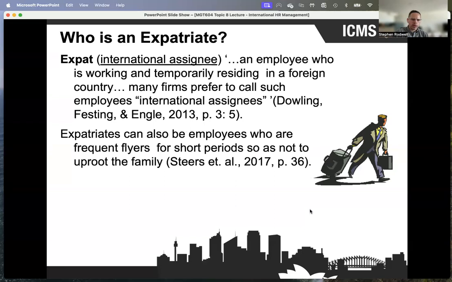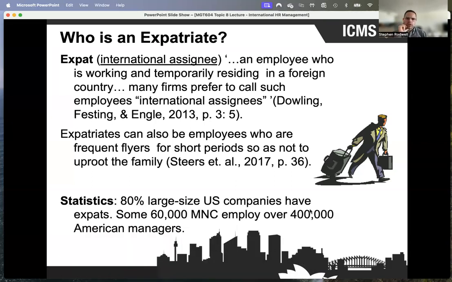I can send them there on a Monday morning, I can bring them back on a Friday night, and then at least they get to spend time with their family. With the location of Australia, obviously kind of out in the middle of nowhere, except for New Zealand, it makes it quite a lot harder. But if you think about companies in Europe, for example, where you've got your neighbours very close, even within driving distance sometimes, then that can certainly be the case.